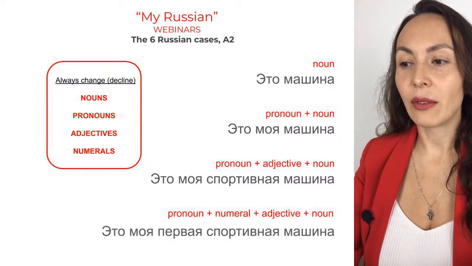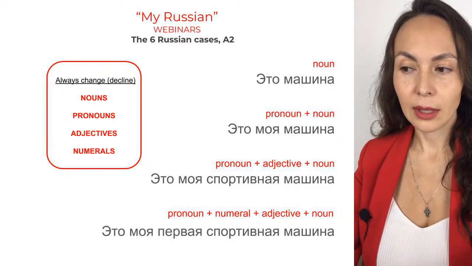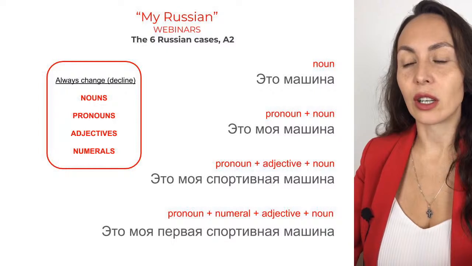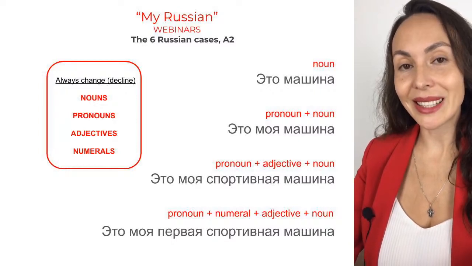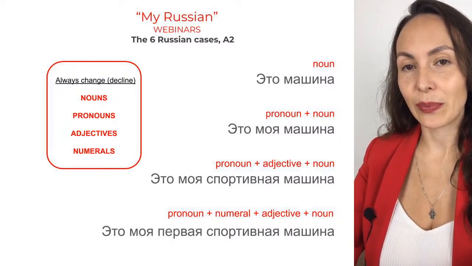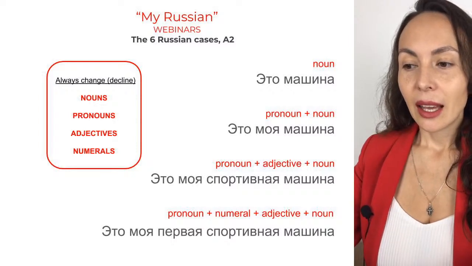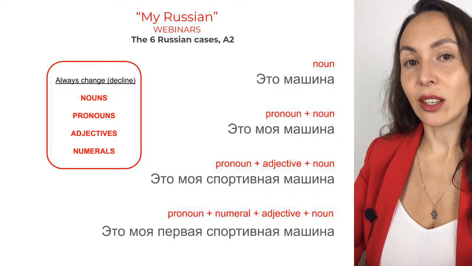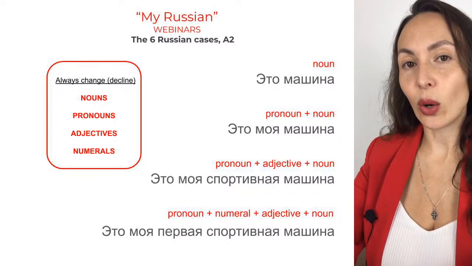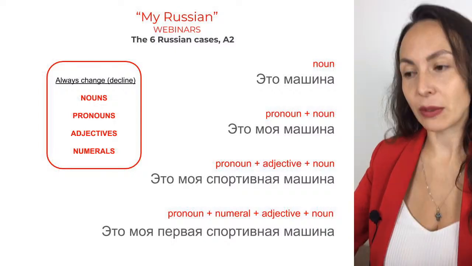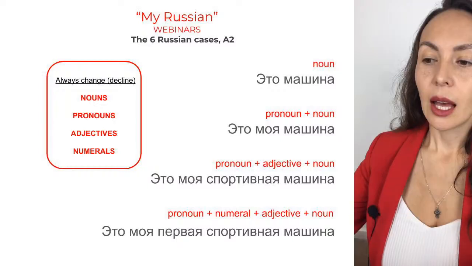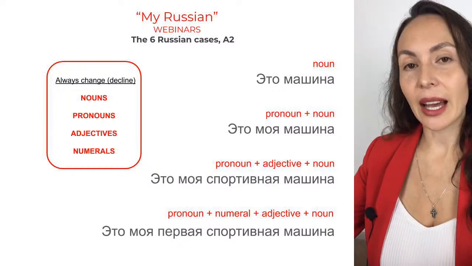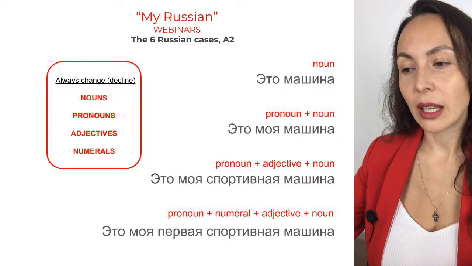Then we have an adjective. What kind of car? Это моя спортивная машина. All this goes in nominative because the word машина is in nominative, and the whole sentence will be in nominative. Then, это моя, we add a numeral. Это моя первая.